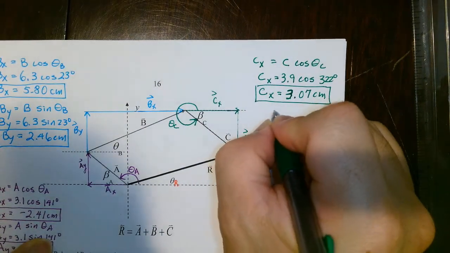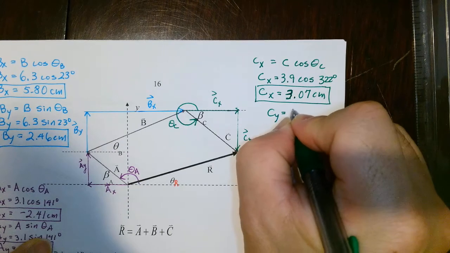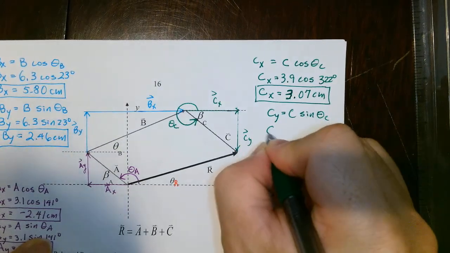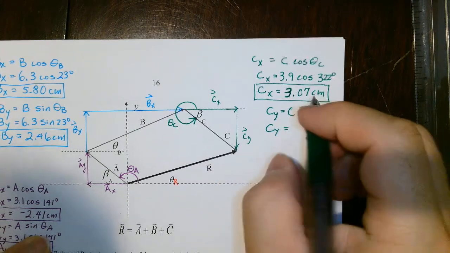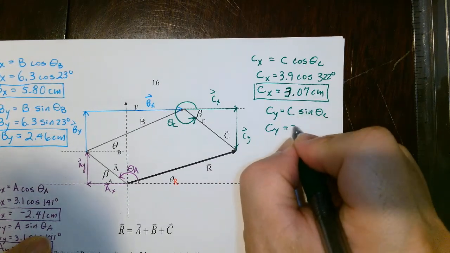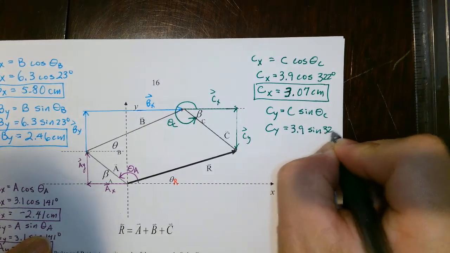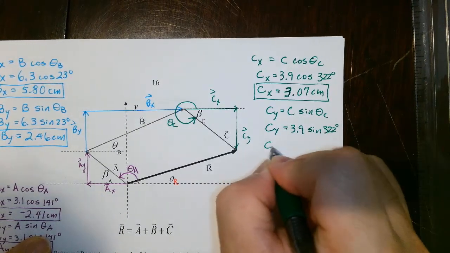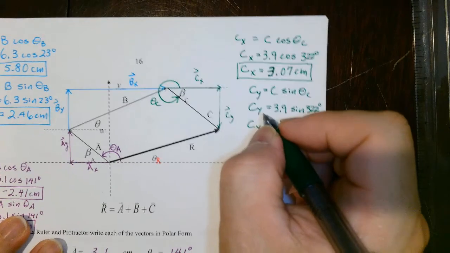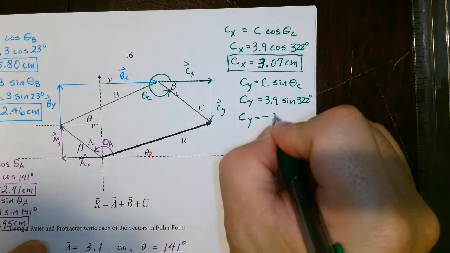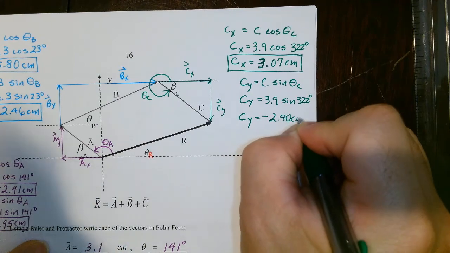And then CY is C times sine of theta C. So CY is equal to 3.9 times sine of 322. So my CY comes out to, I believe, negative 2.40 centimeters.